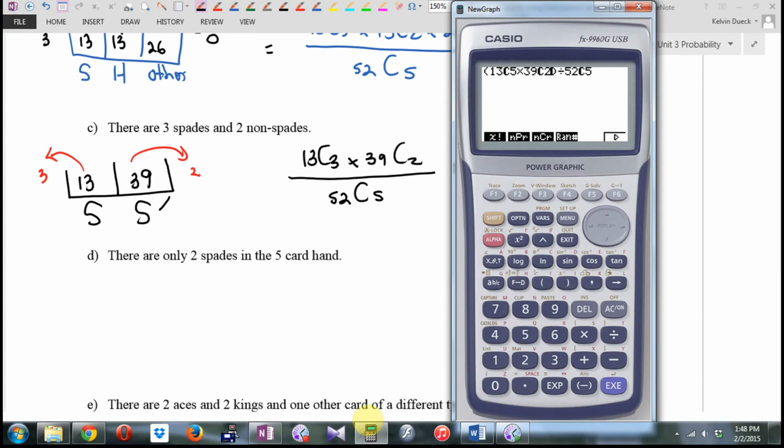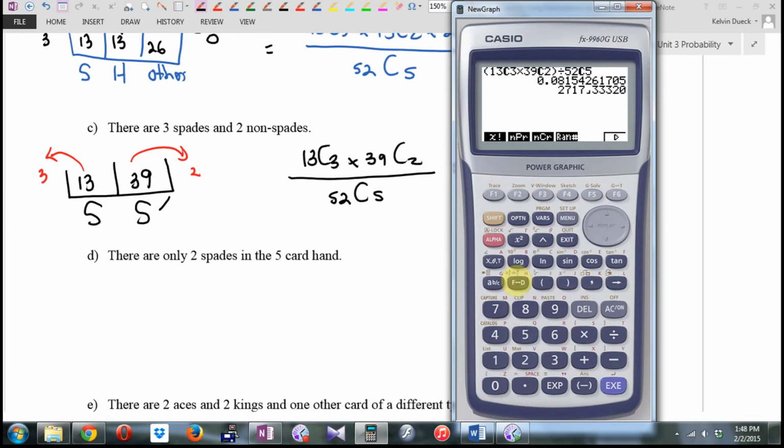I'm just backspacing. That works. There's the decimal and the fraction. Is that right? Yeah.